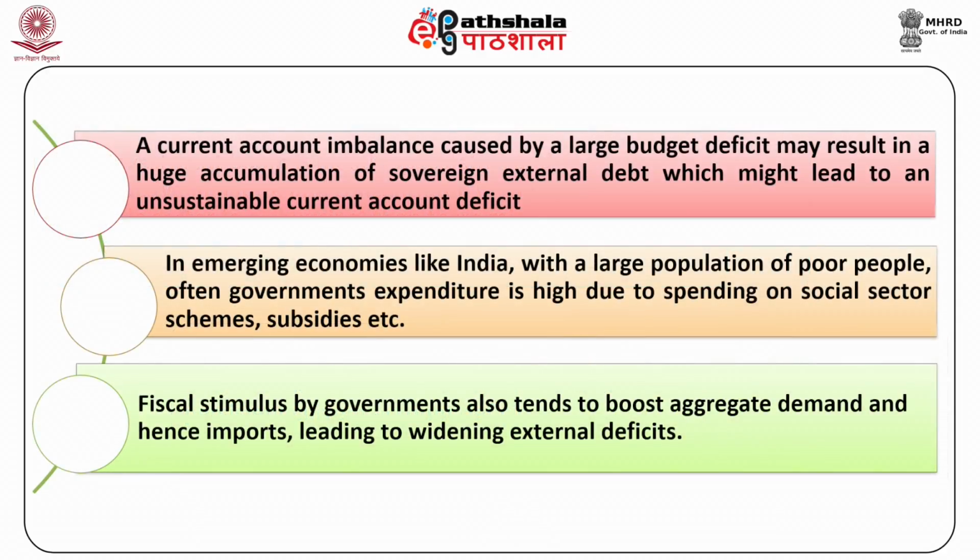A current account imbalance caused by a large budget deficit may result in huge accumulation of sovereign external debt, which might lead to an unsustainable current account deficit. In emerging economies like India, with a large population of poor people, often government expenditure is high due to spending on social sector schemes, subsidies, etc., that may not have immediate returns, especially in terms of enhancing the country's foreign exchange earnings.